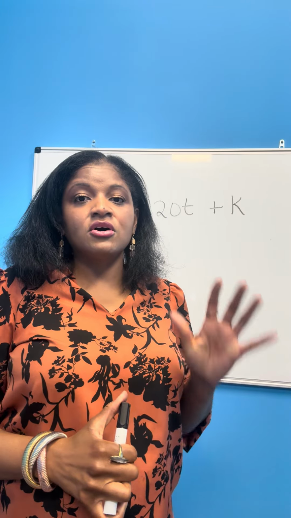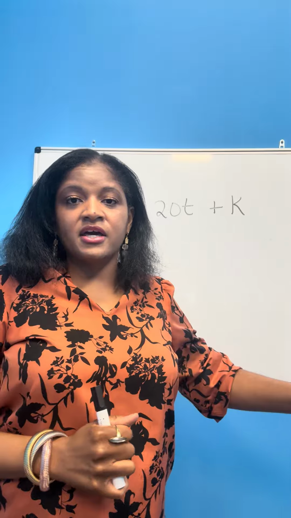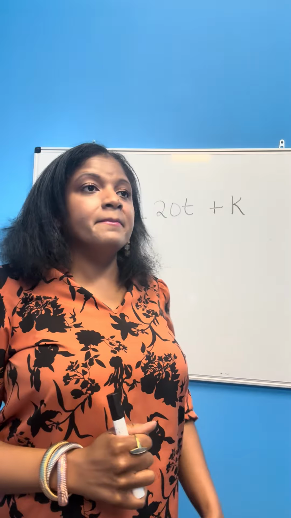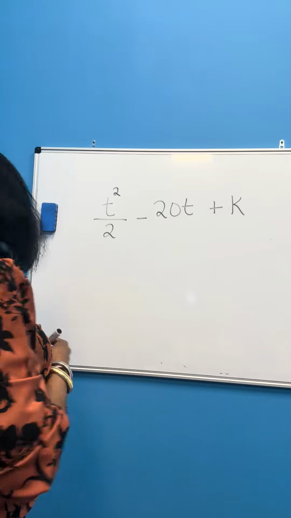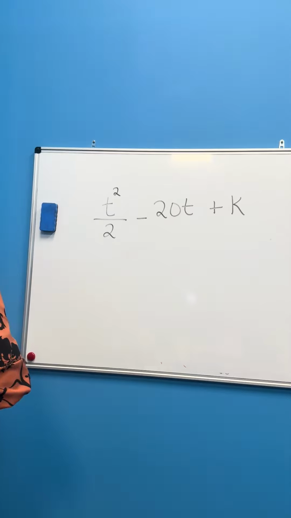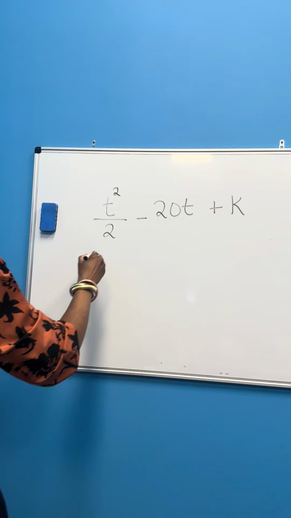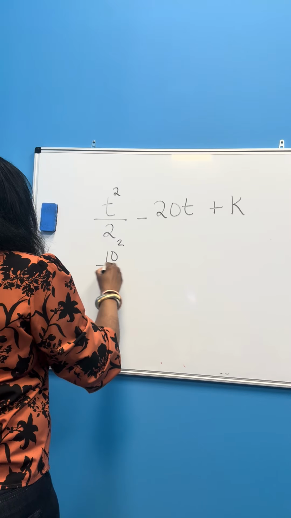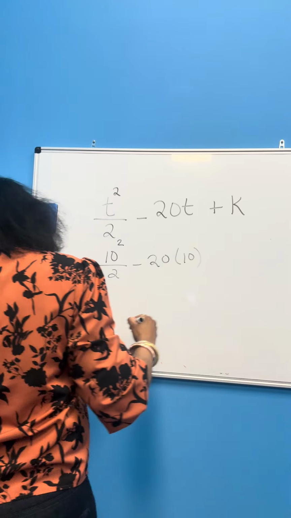K is a constant, so I automatically say, okay, I'm going to ignore K because it's my constant. It's not going to change no matter what. They ask what number of days had the number of bees in the hive the same as it was on day number 10. So what we can do is plug in day number 10 and solve, ignoring K.